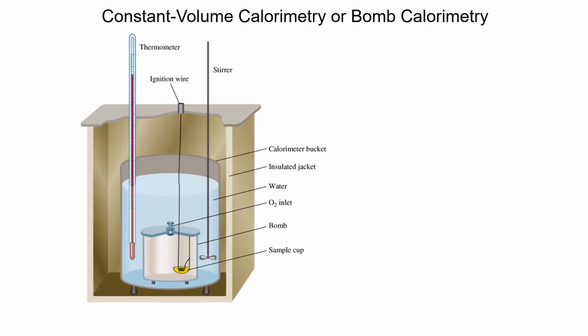So one more discussion about calorimetry that I do not test on, but I want you to know something about, or at least I don't test on using calculations. I might ask questions about how this differs from coffee cup calorimetry, which is calorimetry at constant pressure.